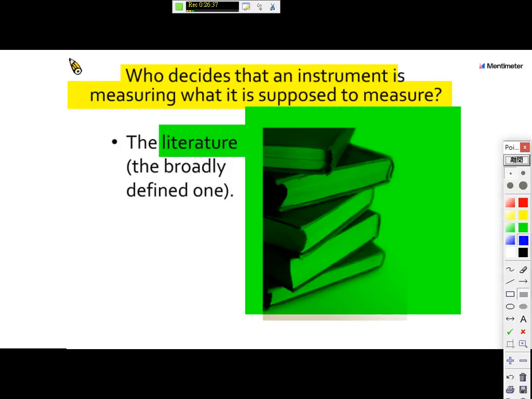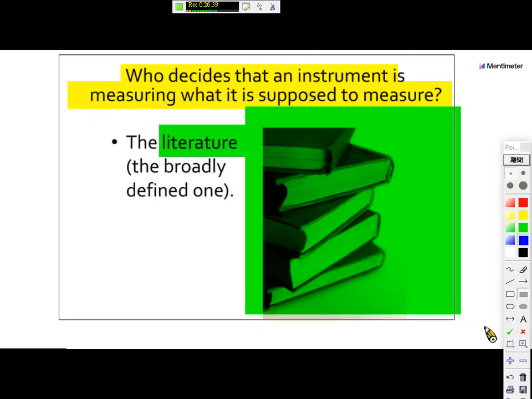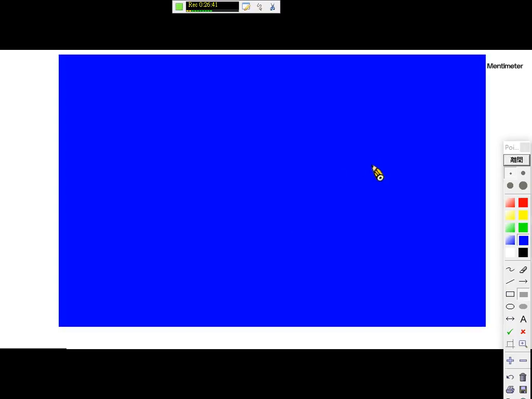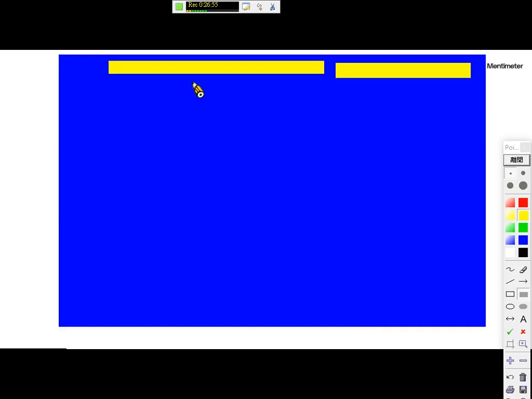Let's say this is a whole paragraph. Normally, your idea should be like this. This is your topic sentence, is that right? And then you will continue to illustrate your arguments. So this is your arguments.